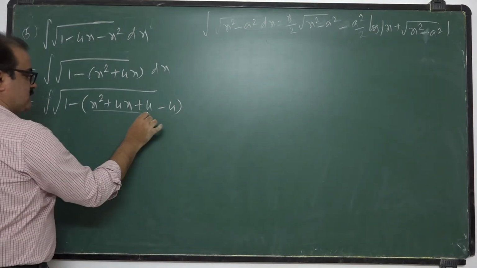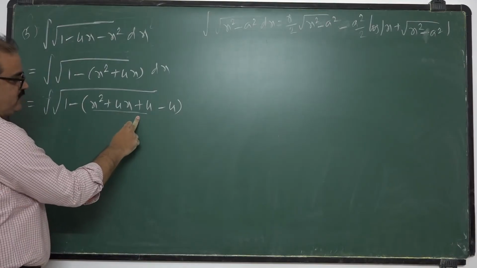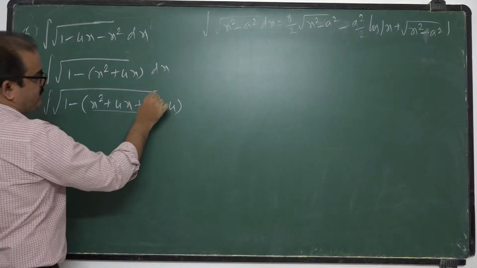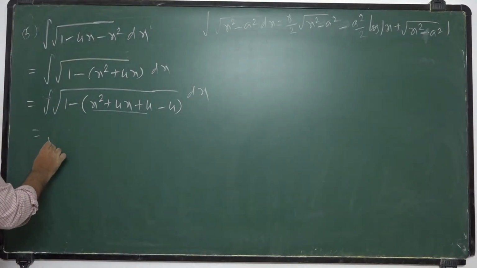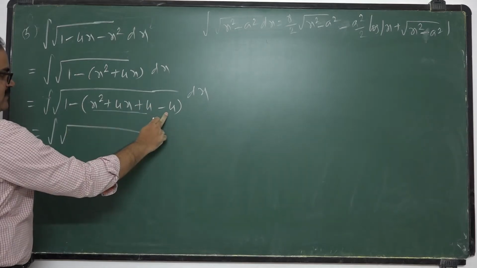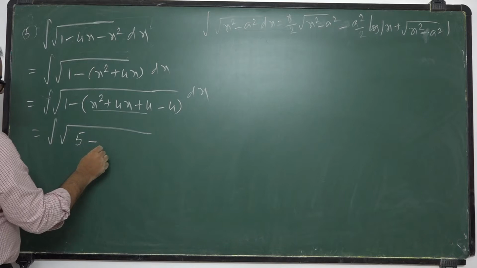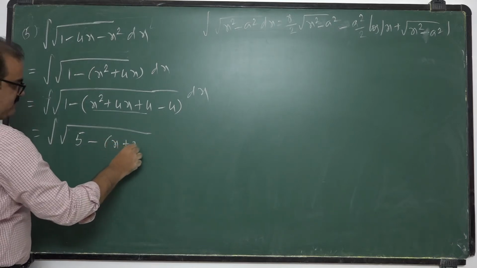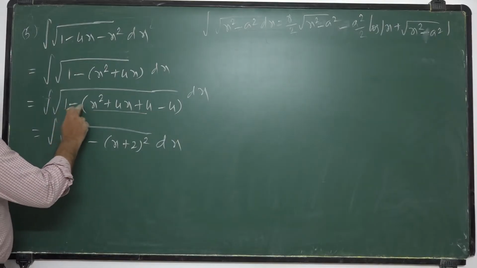Observe that the first 3 terms are x plus 2 whole square. It is a perfect square into dx. Minus into minus plus, 1 plus 4, 5 minus of x plus 2 whole square into dx.